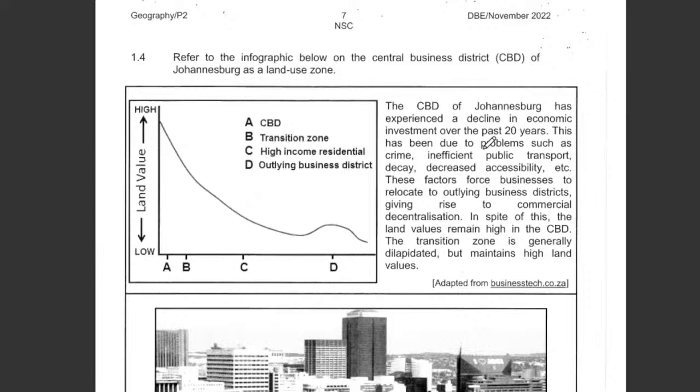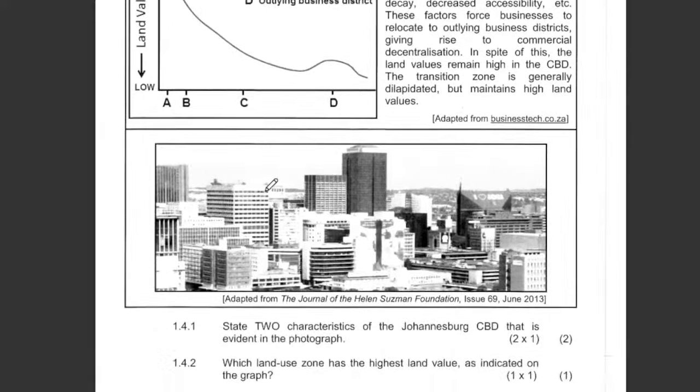In spite of this, the land value remains high in the CBD, and the transition zone is generally dilapidated but maintains high land value. Okay, these are the structures of the CBD of Johannesburg as indicated in the text there in the infograph.